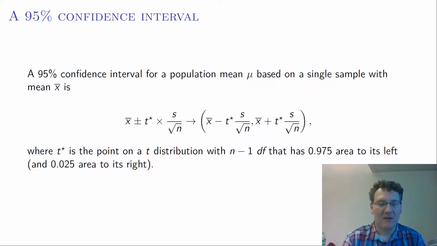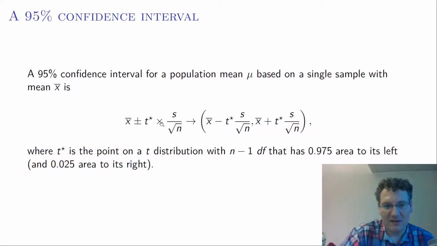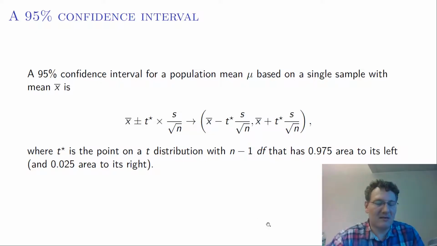And that can be found by setting the margin of error to be t star times the standard deviation over square root of n. T star is finding the critical value in the t distribution where we're collecting 95% probability in the middle, or the middle 95% is found.